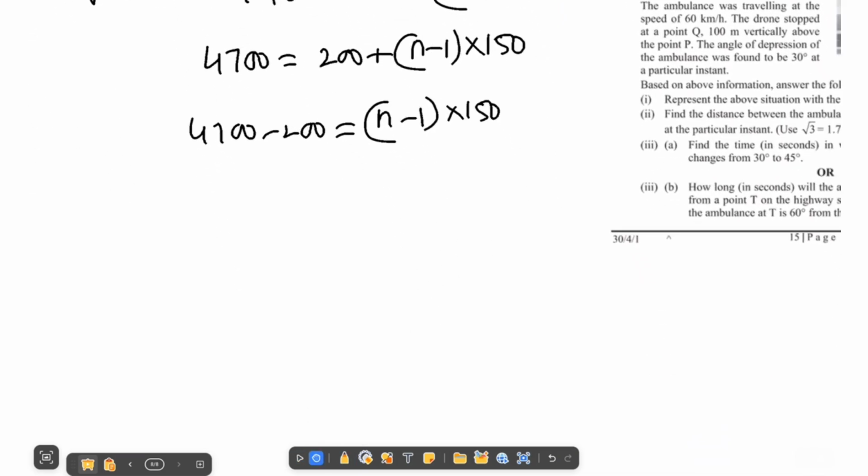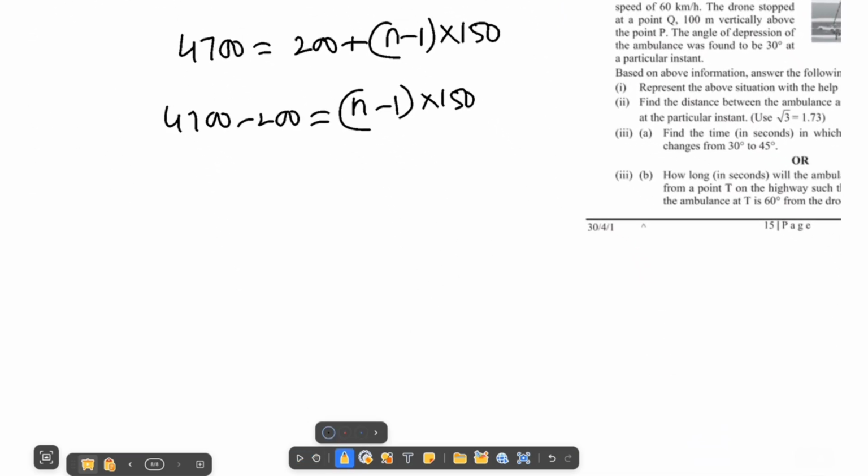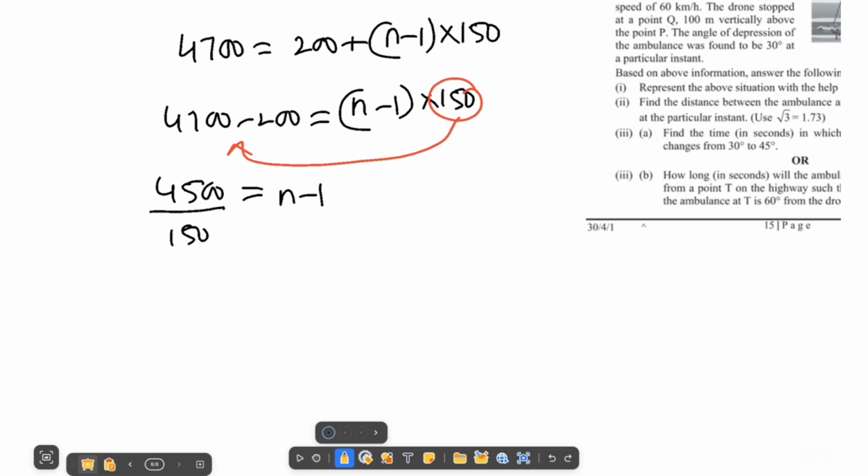Next, 4700 minus 200 is 4500, equal to 150 into n minus 1. Bring that 150 to the left side, so it becomes 4500 by 150 is equal to n minus 1.